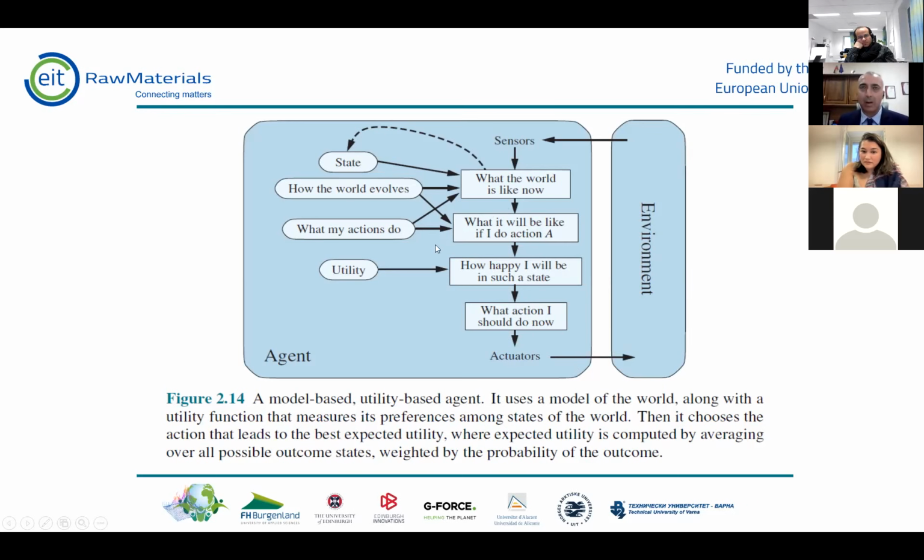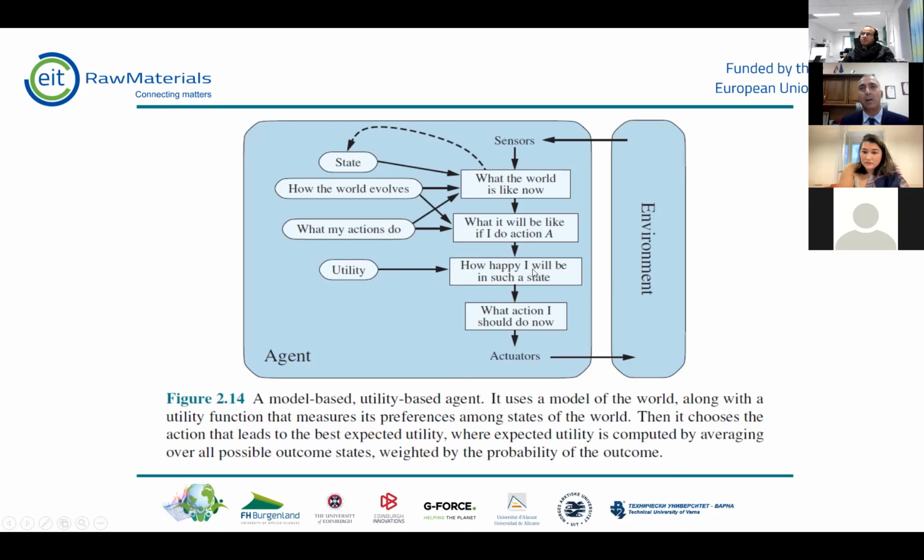I will not go too much into detail, but many of these boxes are actually classifiers, or at least some of them are classifiers. They consider making a decision based on some information. What action should I do now? It is a classifier that considers all the possible actions based on the available information from the previous stage.